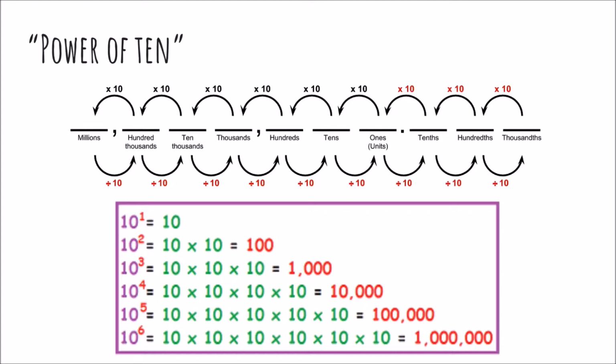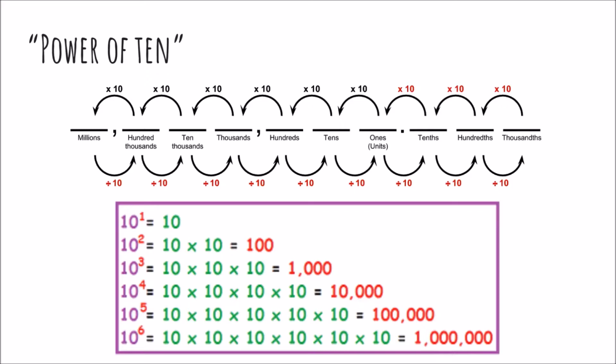For instance, 10 to the first power is 10. 10 to the second power will equal 100. The way that you can write that in green is 10 times 10. You can see as we go further down our place values, 100, 1,000, 10,000, 100,000, million, we're multiplying by more and more tens.